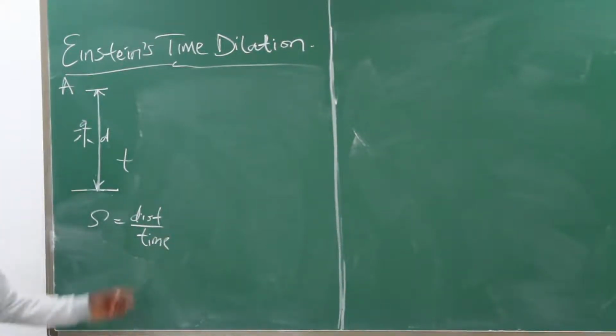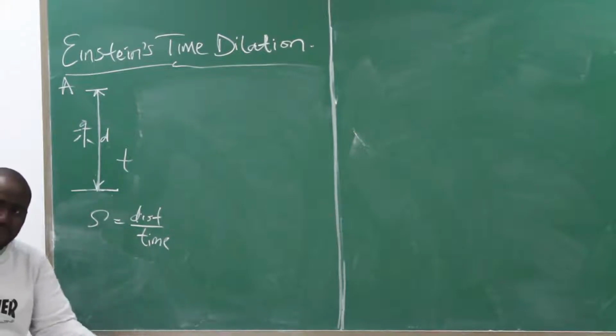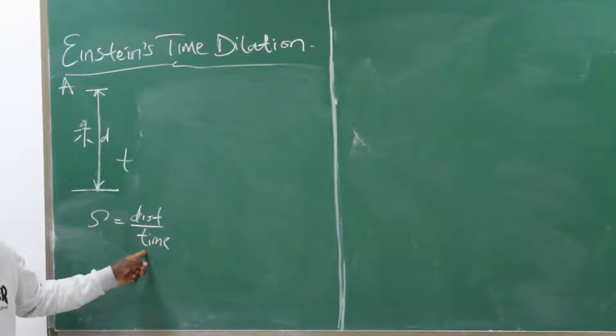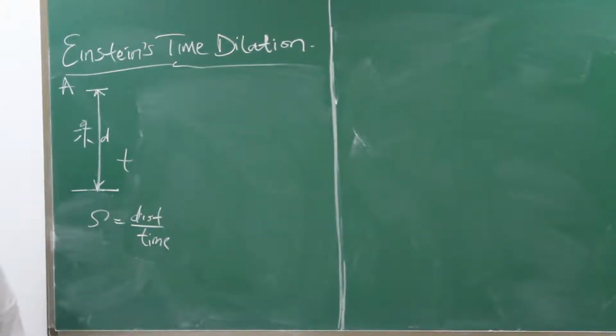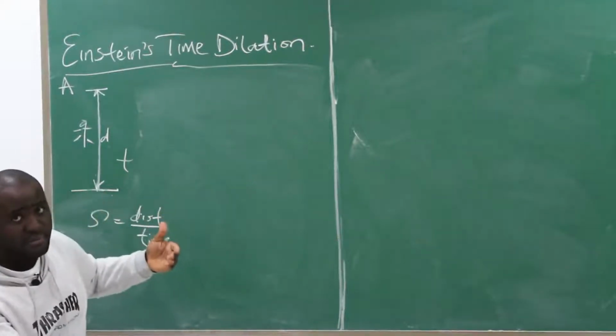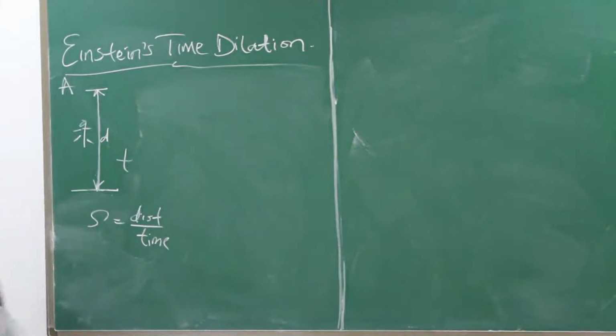Which means the components of speed are actually distance and time. When you divide distance by time, you get speed, which is why we have kilometers per hour. So he started focusing on these two things and tried to know what's going on between them.